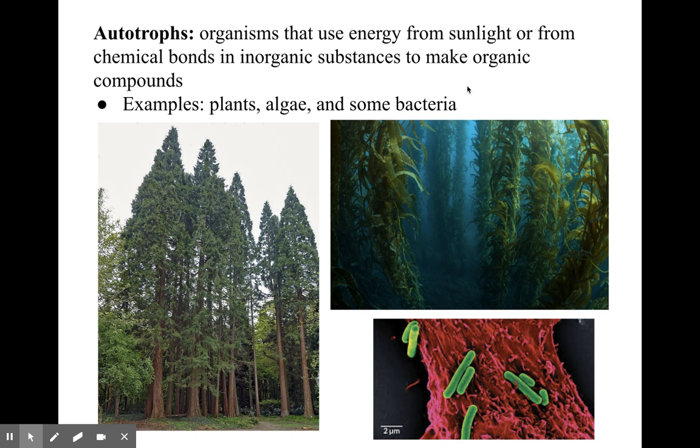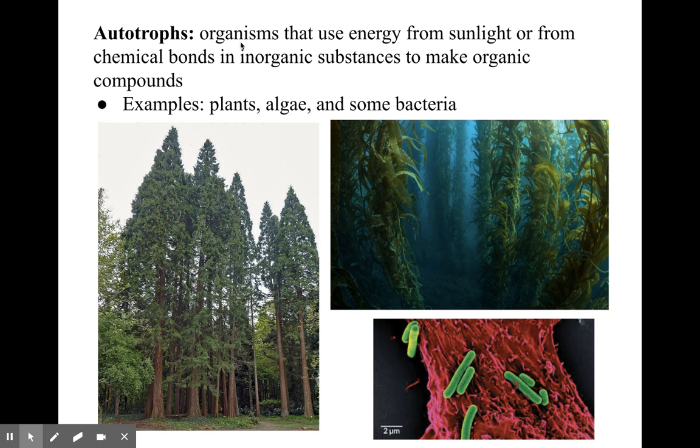Okay, so a couple of vocabulary words here. Number one, autotroph. Auto means self, troph means feeding. So an autotroph is self-feeding. A lot of people think plants don't need to eat, but they do. They actually do need food to make ATP, but they just make their own.